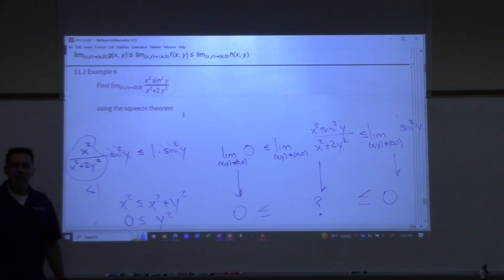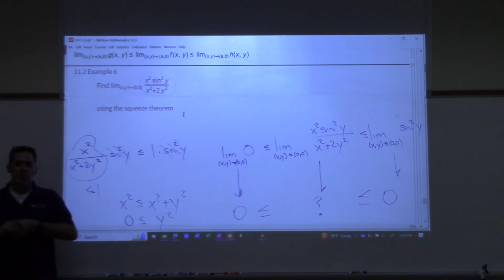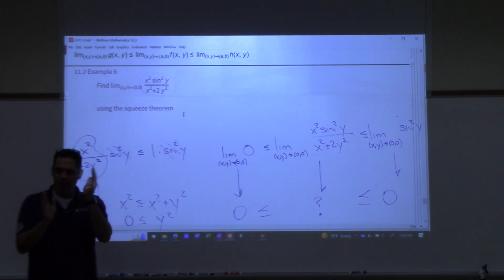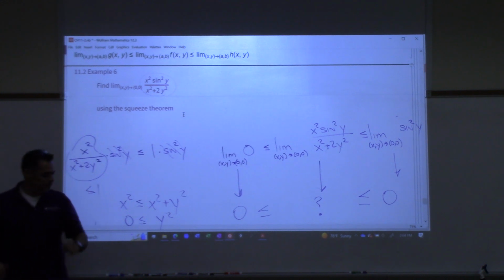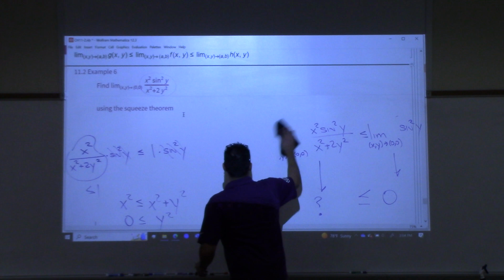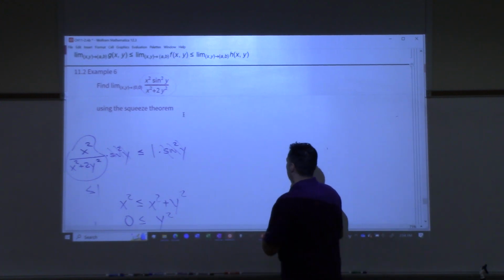People always think squeeze theorem with sine and cosine because that's normally when you see it, when it's presented to you, they use those examples because you can always put sine between -1 and 1, right? Probably the first example you ever see with squeeze theorem, if you saw it in Cal 1, you may not have, is this one.